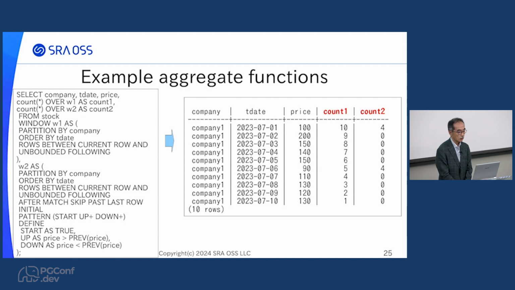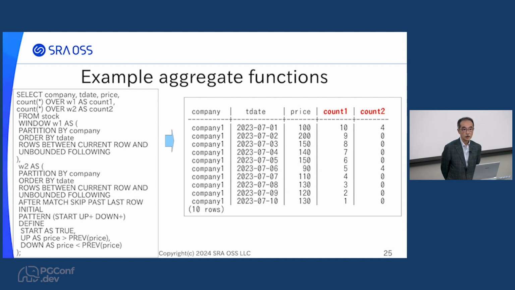The left-hand side shows two window clauses. The first one is W1, which is without RPR, and the count defined over W1 has the alias name count1. The count with alias name count2 is for the window clause that has RPR, W2.